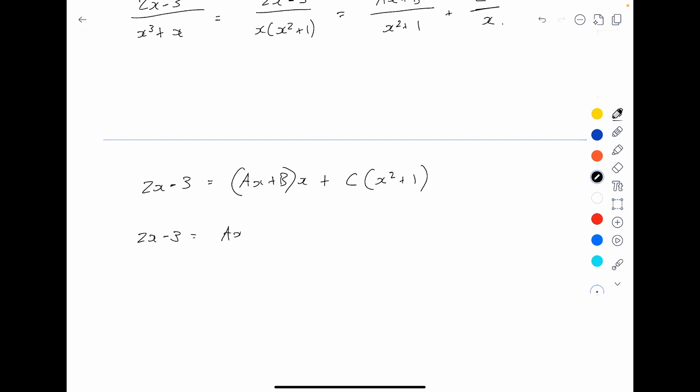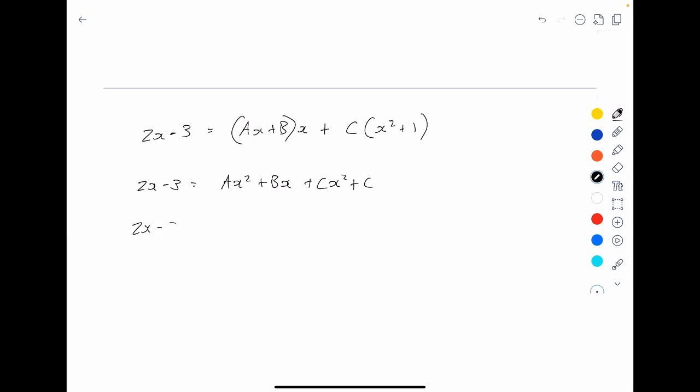We get ax squared plus bx plus cx squared plus c, which means 2x minus 3 equals a plus c times x squared, plus bx, plus c.